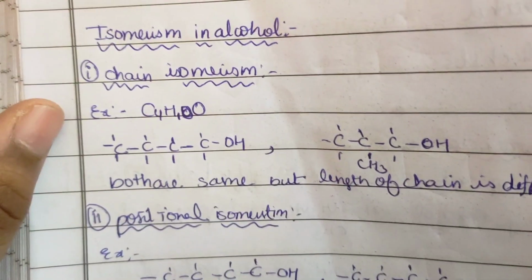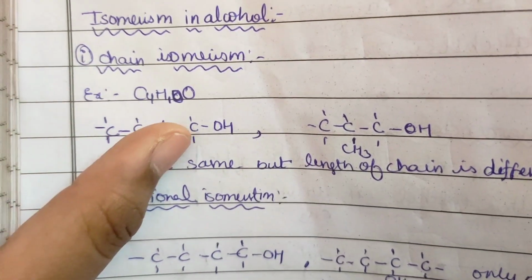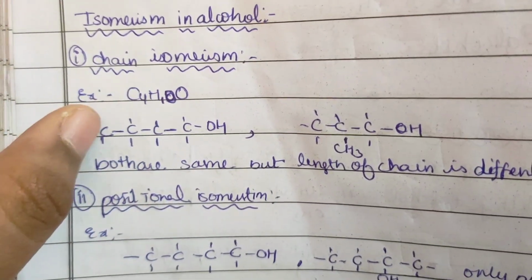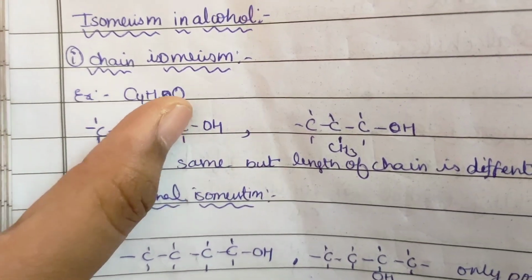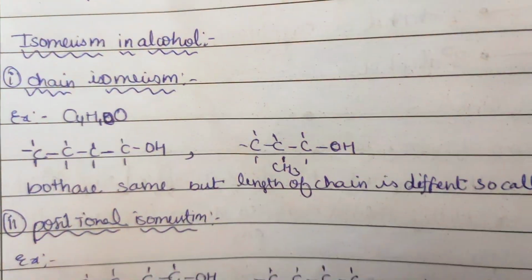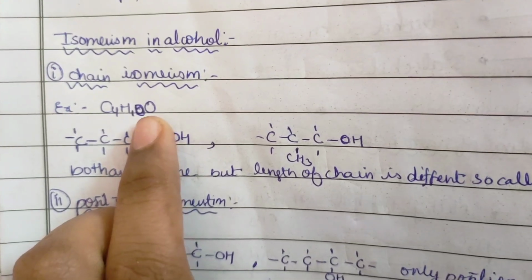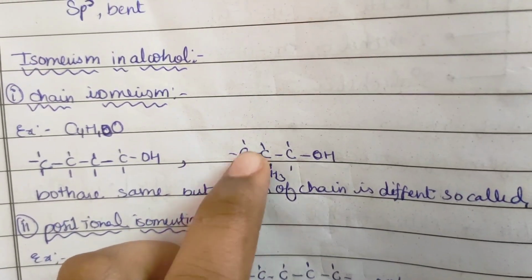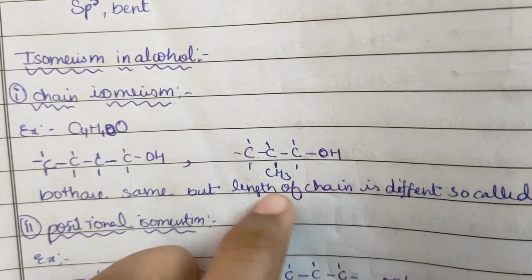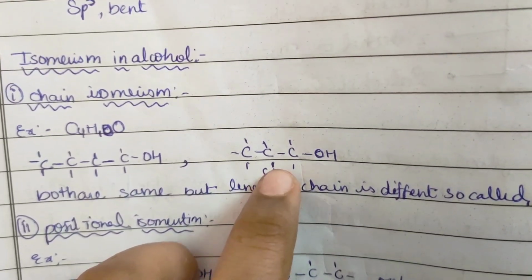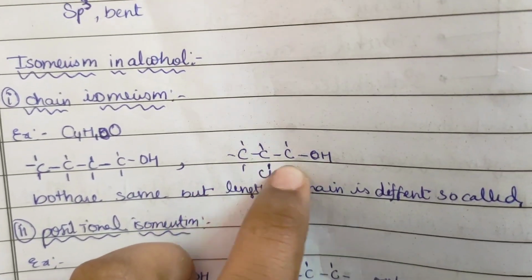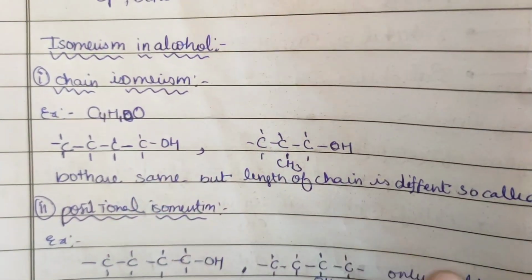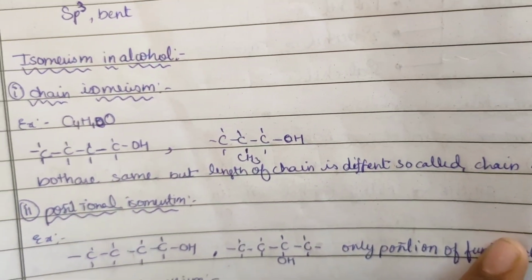If we draw it like this, 4 carbons, OH, and 10 hydrogens. Or we can build a structure like this, with 10 hydrogens present, then 4 carbons and OH. Both are the same, but the length of chain is different, so they are called chain isomers.